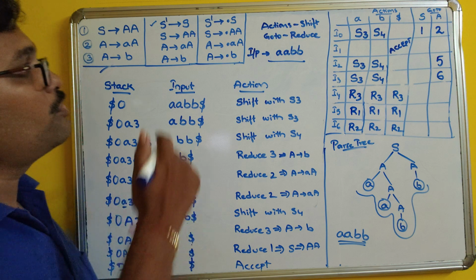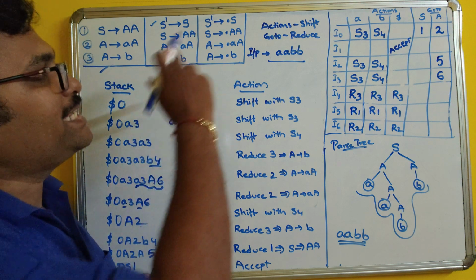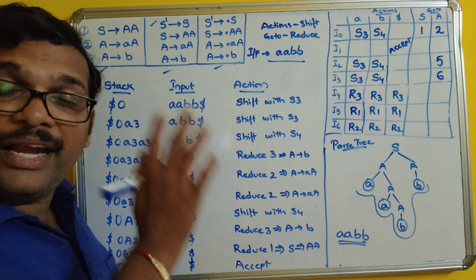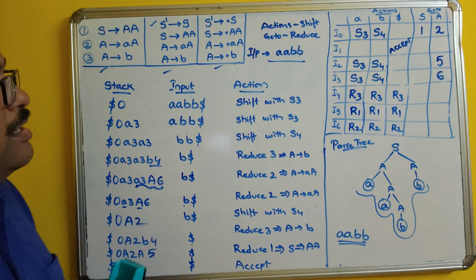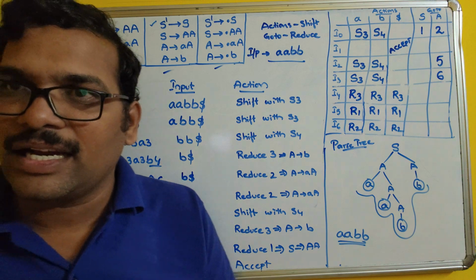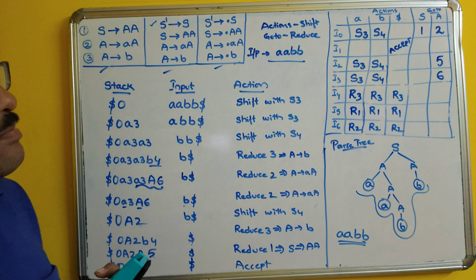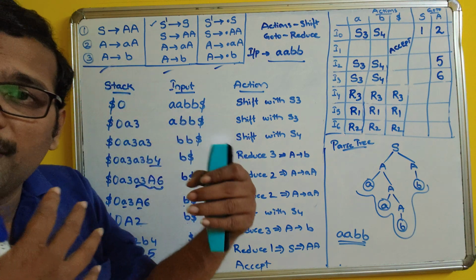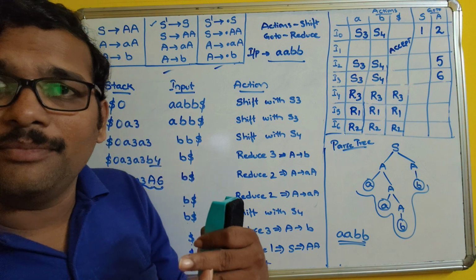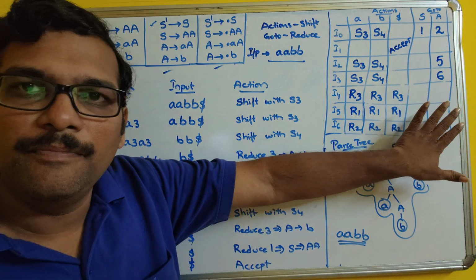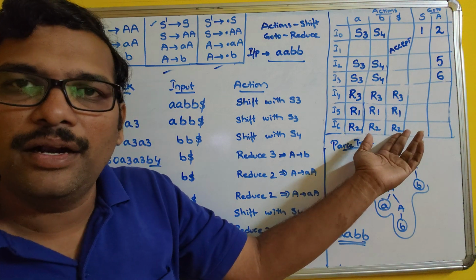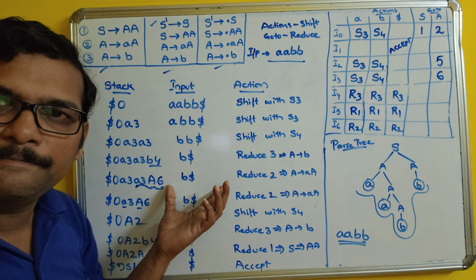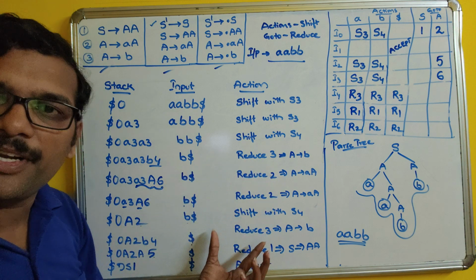So first step we have to create the augmented grammar, and the next one we have to insert the dot symbol on the right hand side of all the productions, and then we have to find out the canonical list of items, and the next step is give the numbering for the productions, and with the help of these two, that means numbering of productions and the canonical items, generate the parsing table, and by using the parsing table parse the input string using shift and reduce operations.